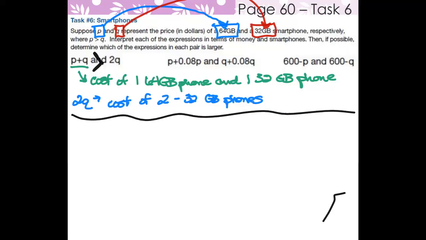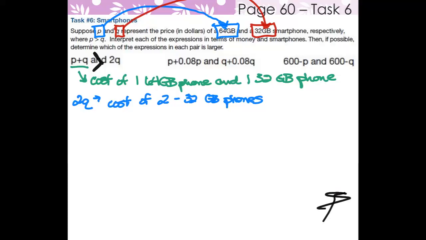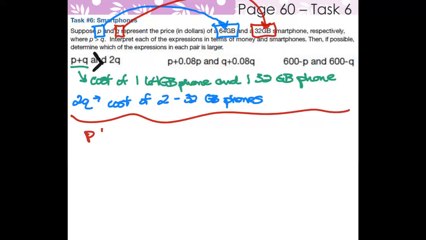So P plus 0.08 P and Q plus 0.08 Q. What did those represent? What could that be? What is P again?